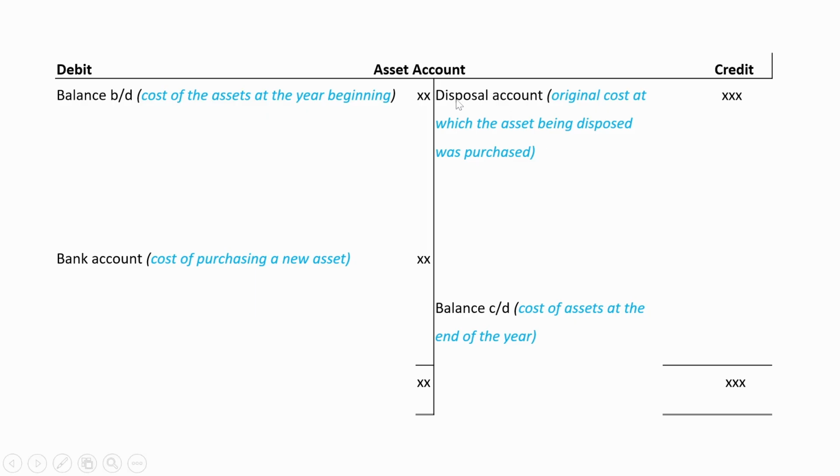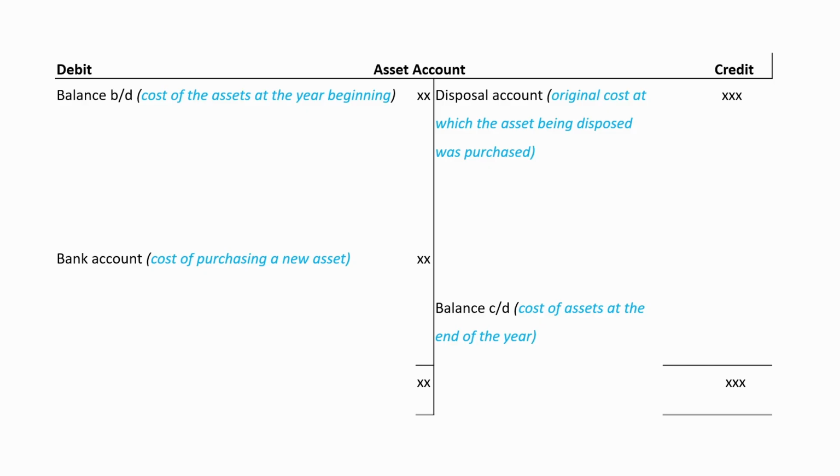So you are going to call it disposal account, because this amount will be taken to the disposal account on the debit side. This is supposed to be the original cost at which the asset being disposed was purchased. Not what you are receiving as cash, but the original cost. So those are the only three items you are supposed to record in the asset account.